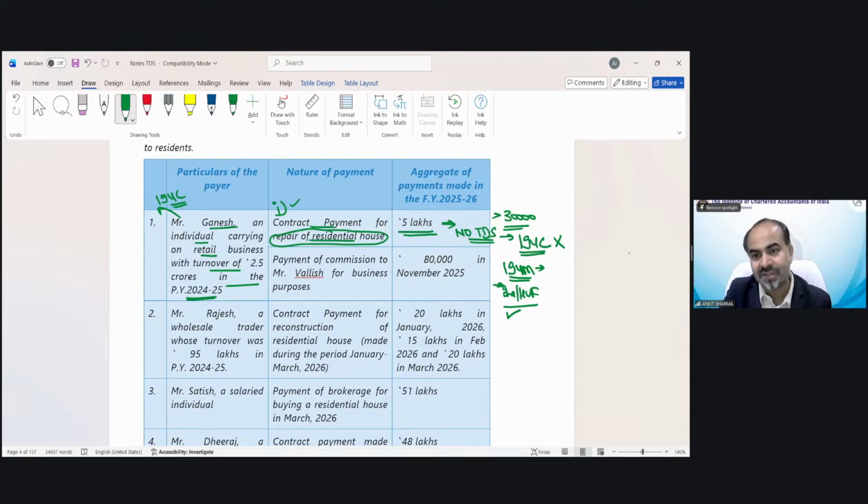So we first checked whether 194C is applicable or not. The answer is no. Now we have to check, can TDS be deducted under section 194M? If you think, okay, turnover is exceeding, so individual or HUF does not include, no, this is not the criteria. This individual or HUF is not covered under section 194C provision, so we can deduct the TDS under section 194M.